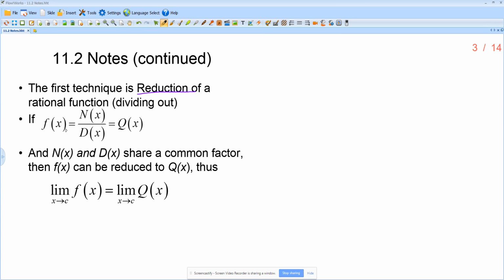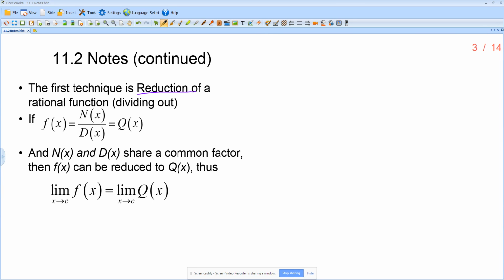So if we have a function that is written as the quotient of two functions, then the function is equal to whatever you get when you divide those two functions by each other. And if n of x and d of x share a common factor, so the numerator and the denominator have some factor in common, then that factor can be canceled so that it reduces to just q of x.